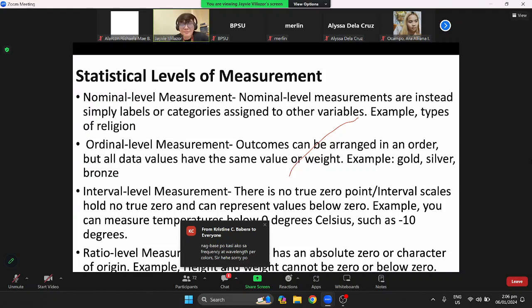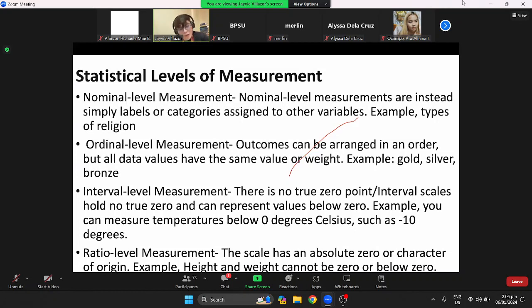So when we talk about interval level of measurement, ibig sabihin, there's no true 0 point. Okay, or another thing is that we can have or we can interpret values below zero. Kagaya ng, di ba yung sa temperature, hindi lang siya mag-stop sa zero.